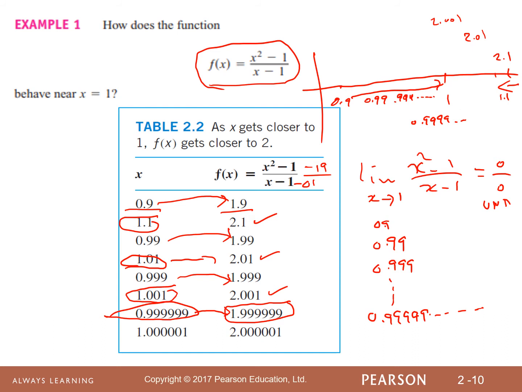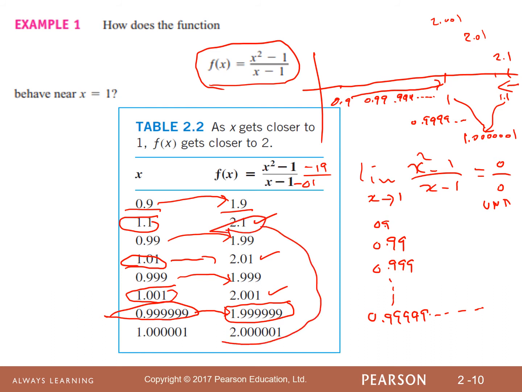As x moves from 1.1 all the way until 1 point something, this is 1.1. As it moves until, let us say, I'm going to write it over here, 1.0001. When x moves from this to this, then y moves from 2.1 to what?